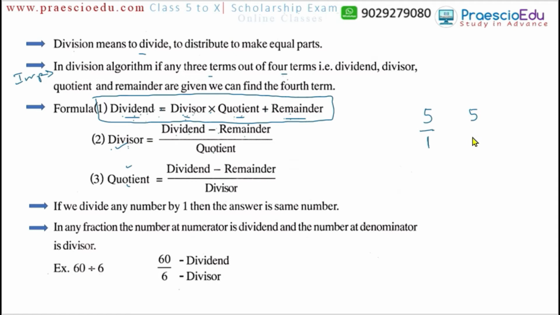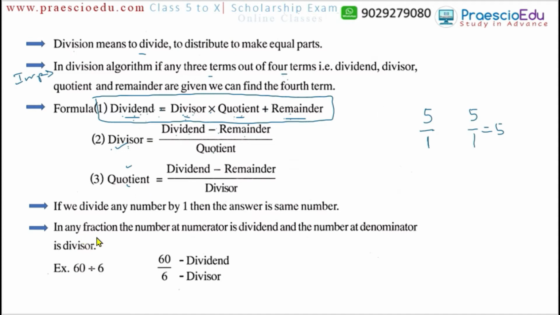Any number has the denominator 1 by default, but we never write it. So if any number is divided by 1, the answer is that number itself, not only 500,000, any number.